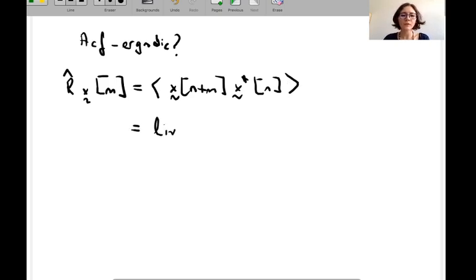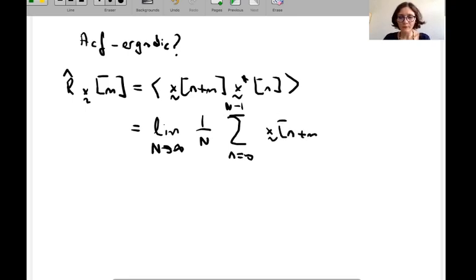We have an infinite sum: the limit as N goes to infinity of 1 over N, times the sum of the time average estimate of this expression, x of n plus m, times x of n.